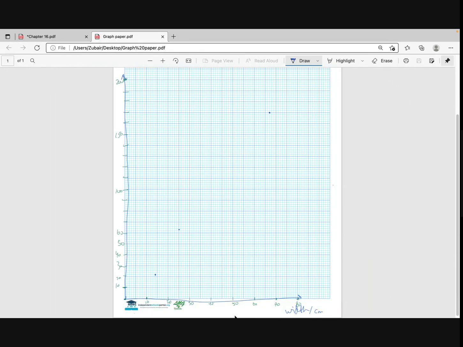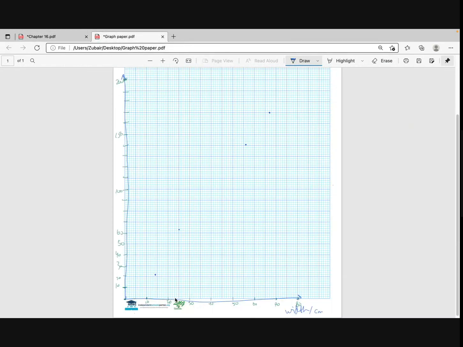So this is 50, this is 55, and one more, 56, and 141. 10, 20, 30, 40, and one is exactly between these two boxes.